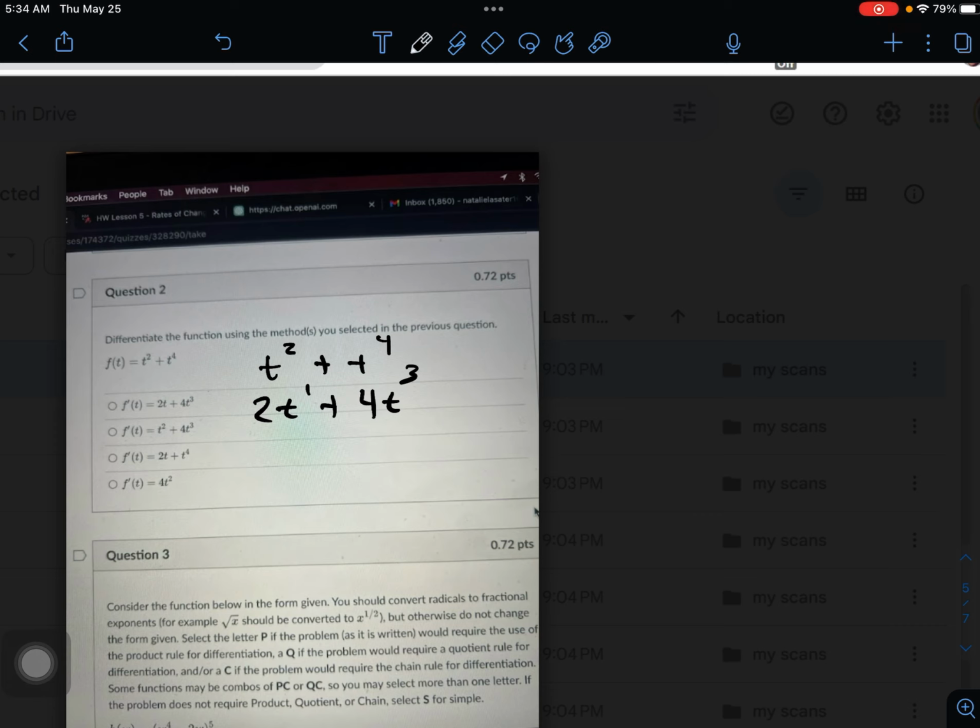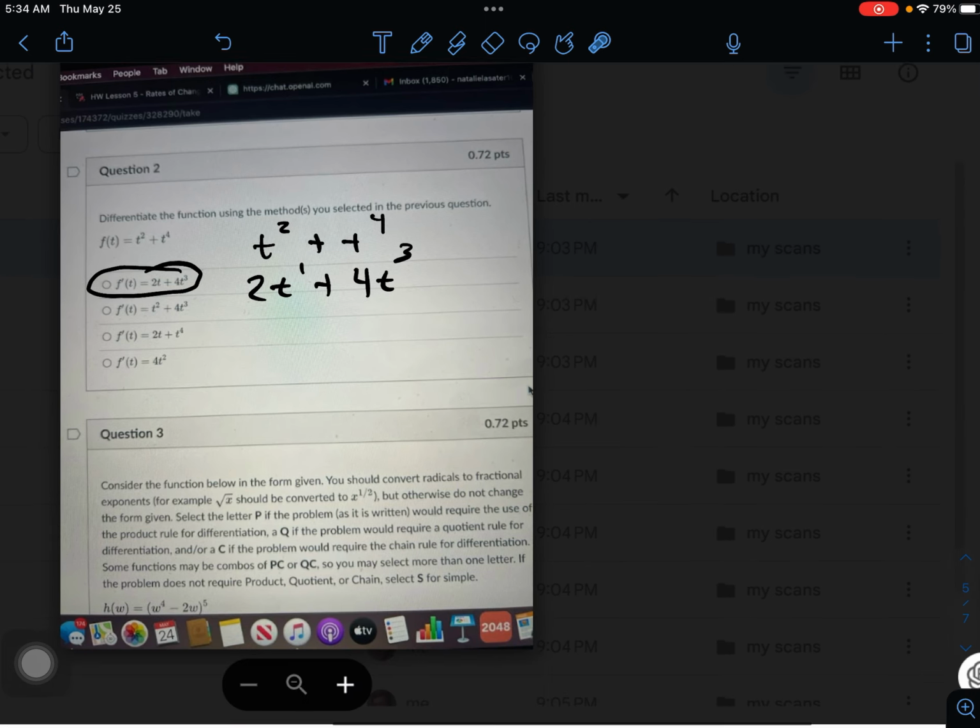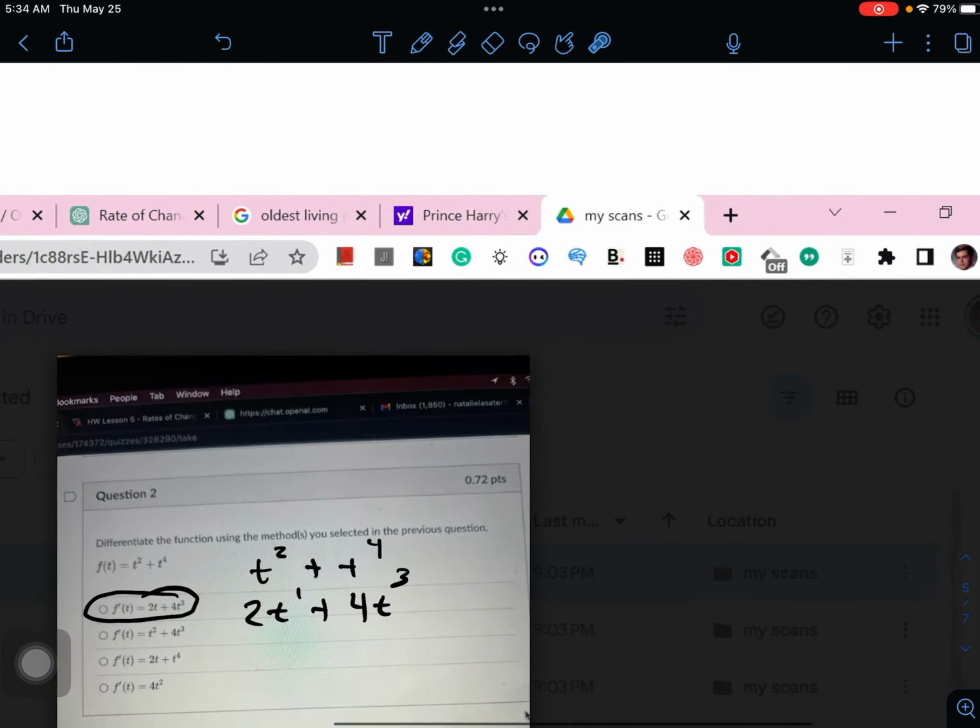It's this one right here. When you differentiate that, you get that. Remember, if you have a 1 as a power, you don't have to write it, which is why you don't see that 1 on that t right there. If you have a 1 as a power, you don't have to write it. Let's go down to 3. Hold on one second.